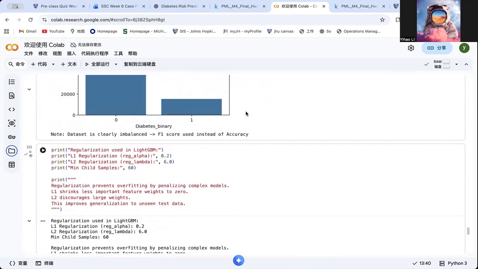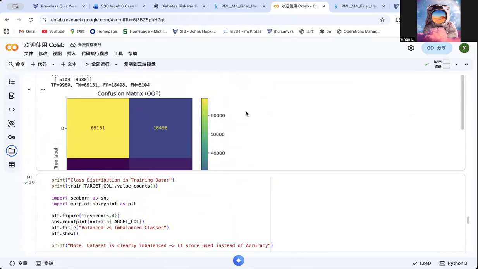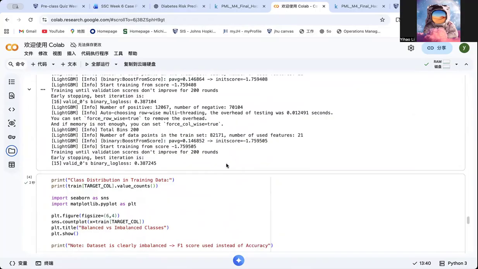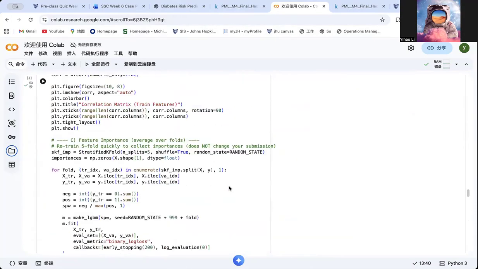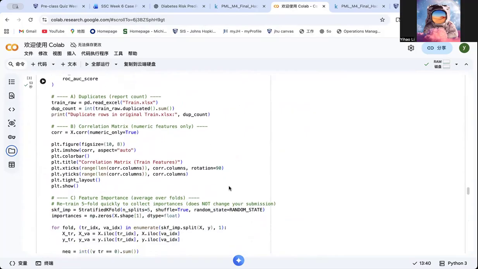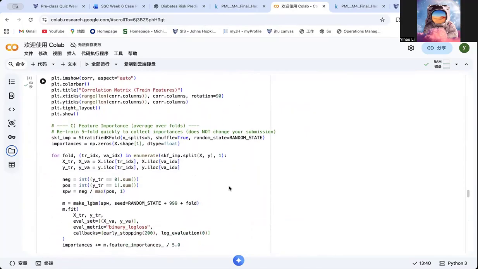Now it's about the ensemble model, which includes GBM and CV. I use this model to calculate the F1 score for this project. We use the Light Gradient Boosting Machine, or LightGBM. LightGBM is an efficient learning algorithm based on gradient boosting decision trees. Unlike a single decision tree, the ensemble method combines multiple weak learners to improve predictive accuracy.